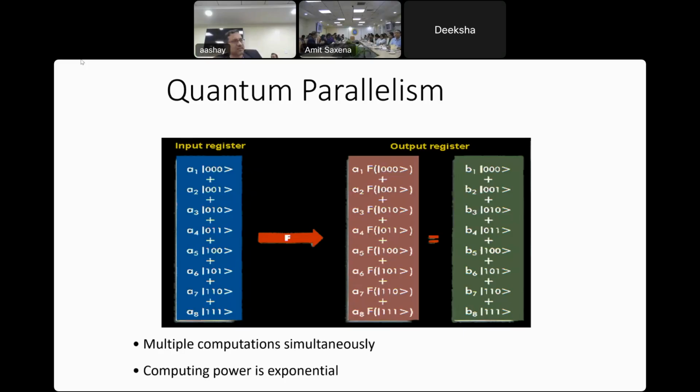To make it simpler, for one input it generates yes, and for all other inputs it generates no. In that case, this function will make the amplitude of the particular state for which it has generated yes very different from the amplitudes of all other states which resulted in no. And this is called marking of the state.